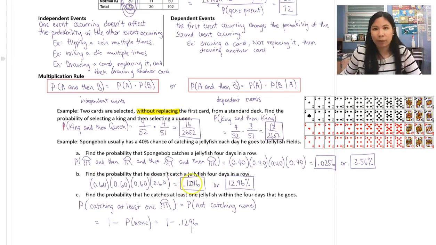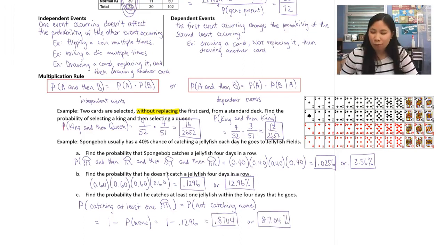So subtracting that, I get 0.8704, or 87.04% of him catching at least 1 jellyfish within the 4 days. Not bad. This is good.